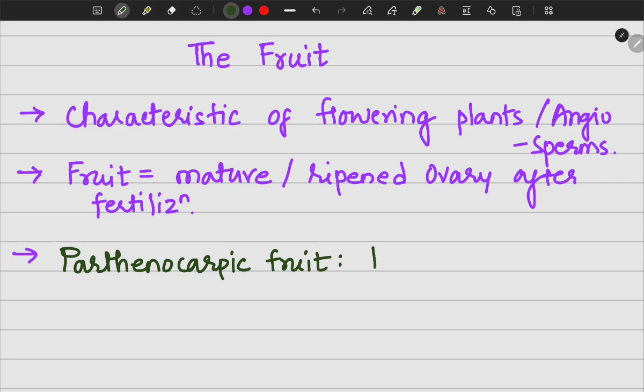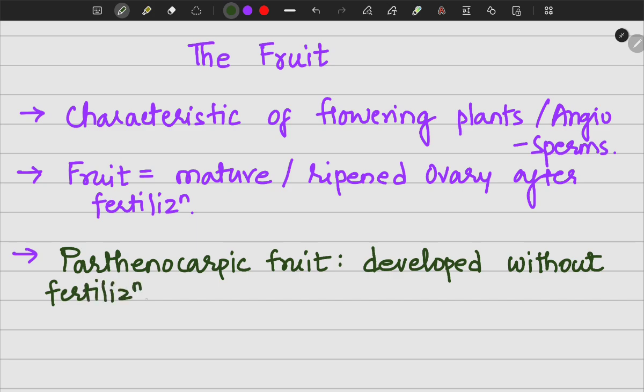The fruits developed without fertilization are usually seedless, so they are also called seedless fruits.